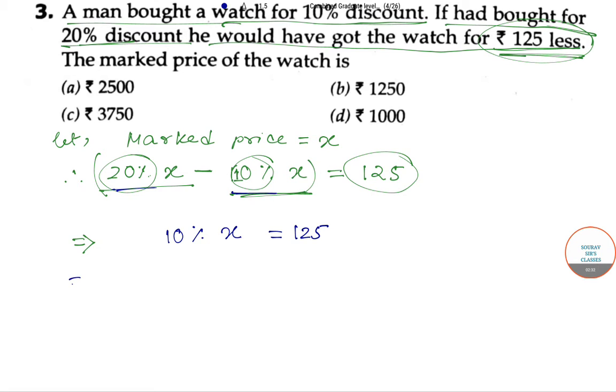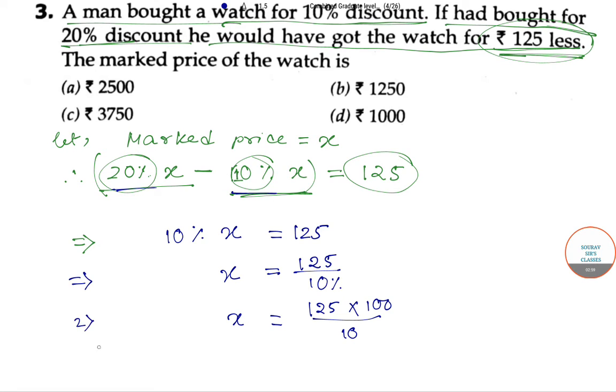So from here we can say that X equals 125 divided by 10%. And what does that mean? 125 into 100 divided by 10. So here this is X.